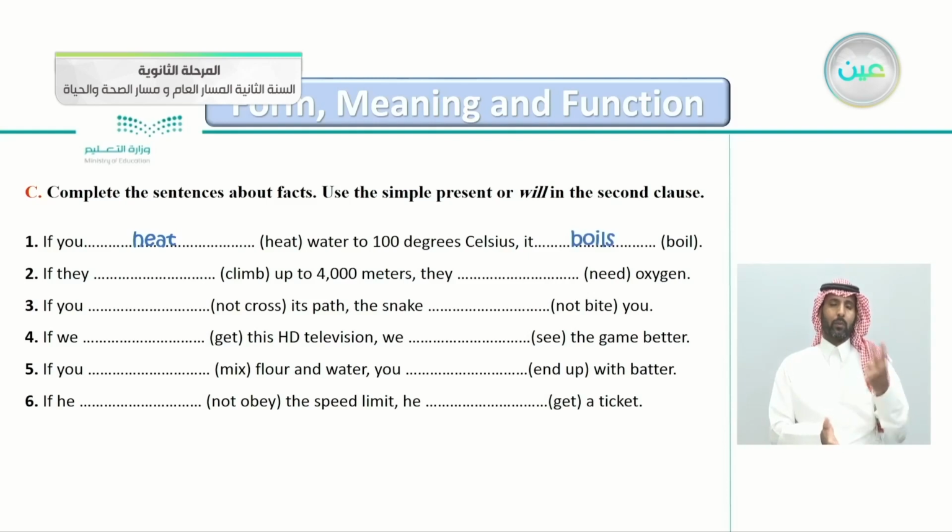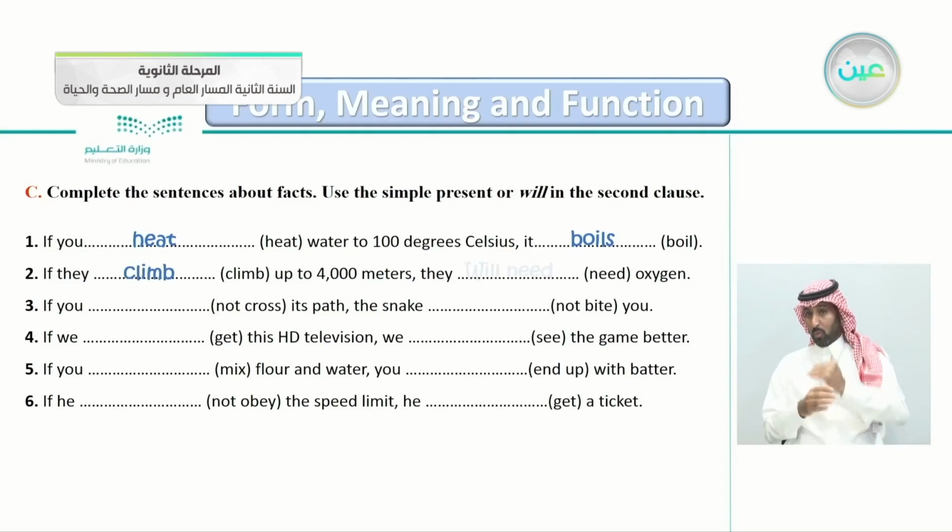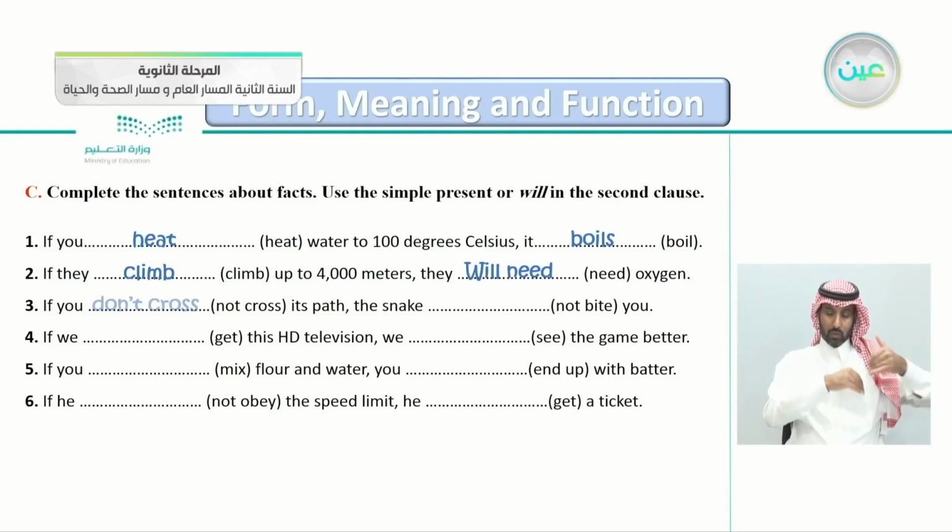Number 2, if they climb up to 4,000 meters, they need oxygen. So again, use the simple present or will in the second clause. So if they climb up to 4,000 meters, they, do we say need or will need? That's excellent. Will need. They will need oxygen. Number 3, if you not cross, yes, that's correct.